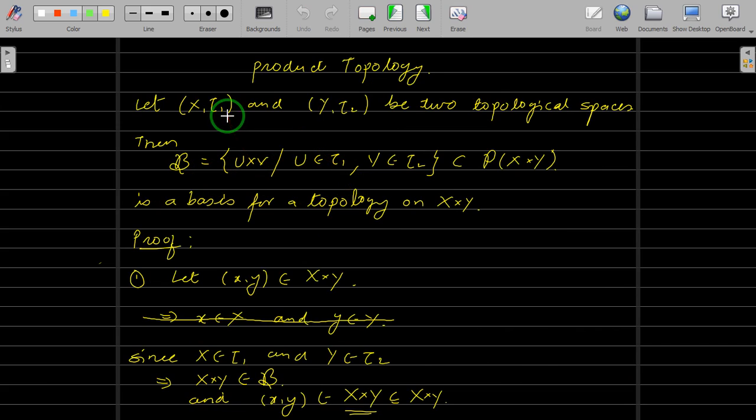If you have tau 1 and tau 2 as two topological spaces, the way we have defined this set, it is a basis for a topology, and the topology generated by this basis is called the product topology.